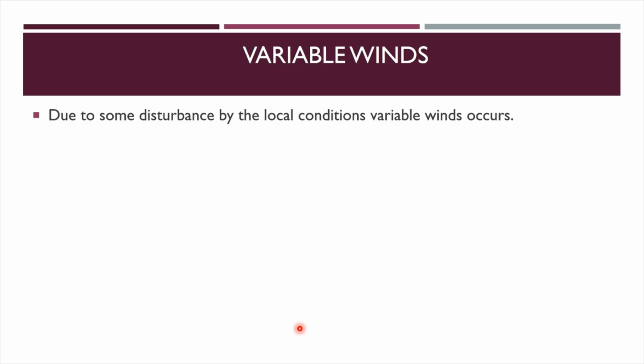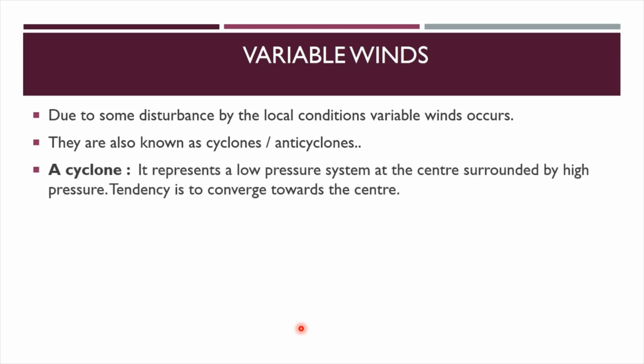Next is about variable winds. Due to some disturbance by the local conditions, variable winds occur. Mainly two types of variable winds are there: cyclones and anticyclones. What is a cyclone? A cyclone represents a low pressure system at the center surrounded by high pressure.